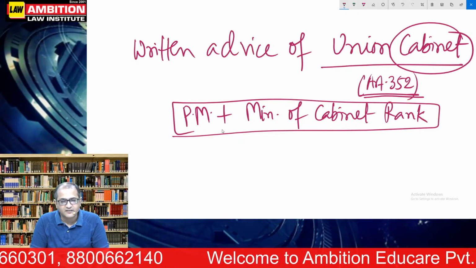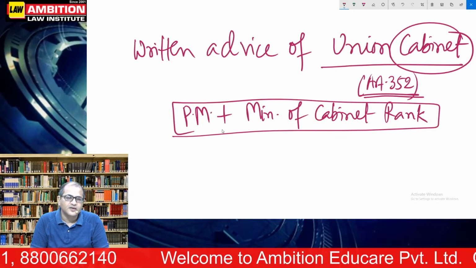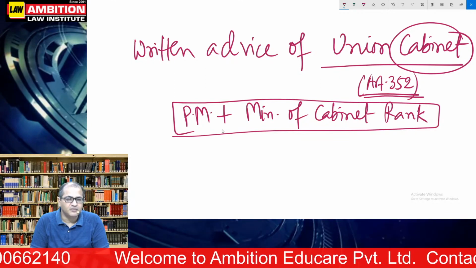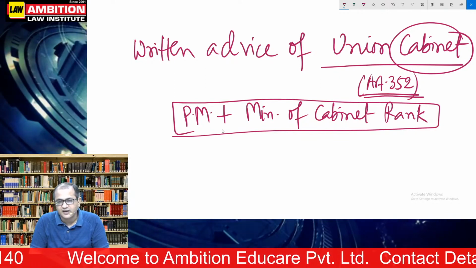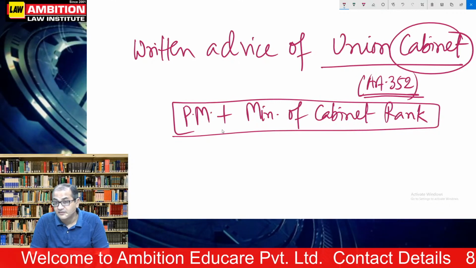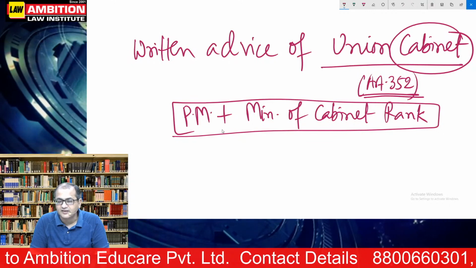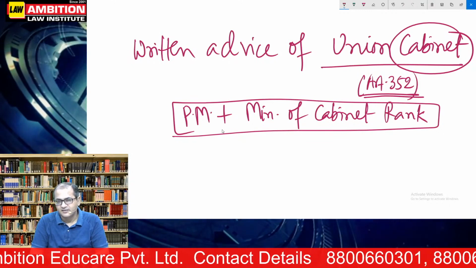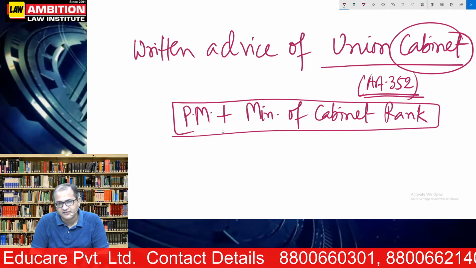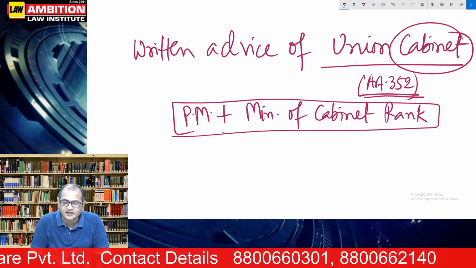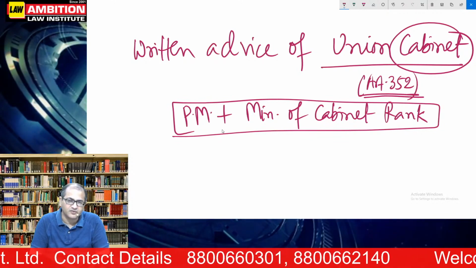And as far as I know, India is committed to parliamentary form of government, and Article 75 clearly says that Council of Ministers shall be collectively responsible to the House of People.